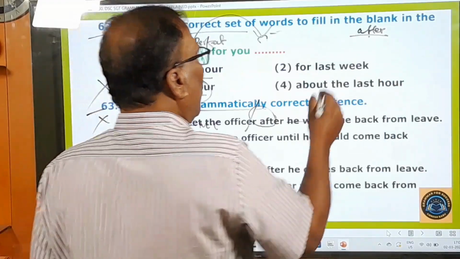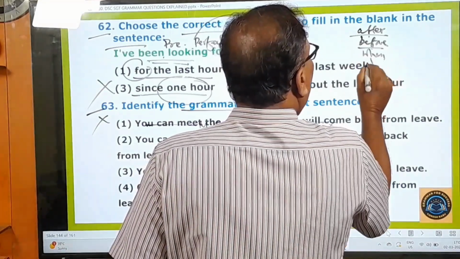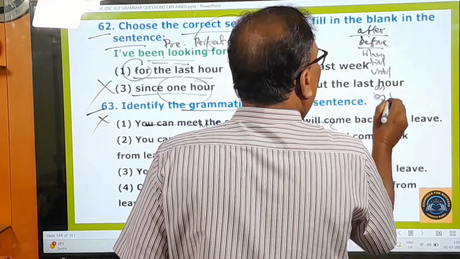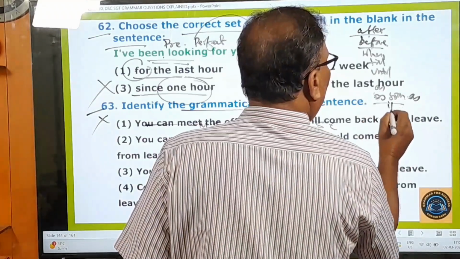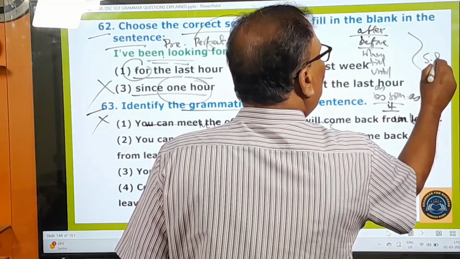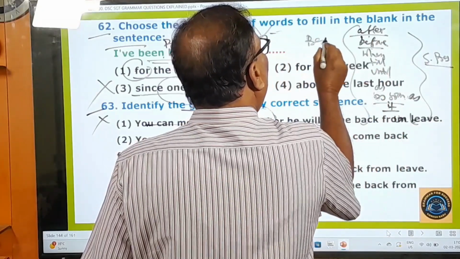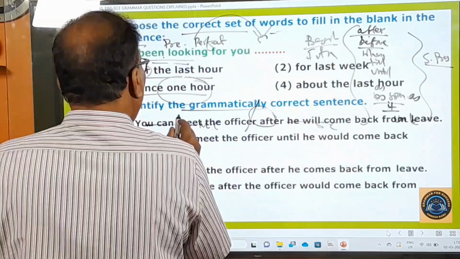So for example, after, before, when, till, until, as soon as, if, unless, these are all there. After these, you must use only simple present whenever there is a present tense or future tense.